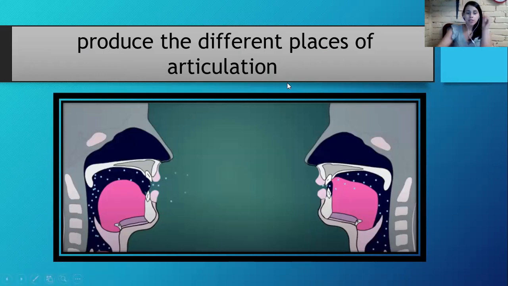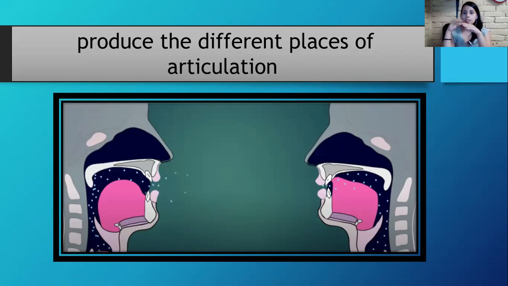Now, I will tell about some examples to produce the different places of articulation. Consonants imply some constriction of airflow. Well, when the air passes through the open vocal cords, we call this voiceless, and when the air passes through the vibrating vocal cords, they are called voiced sounds. For example, s and z.